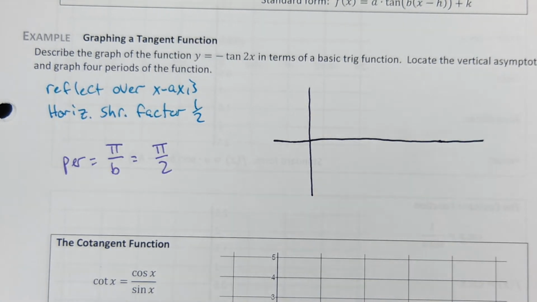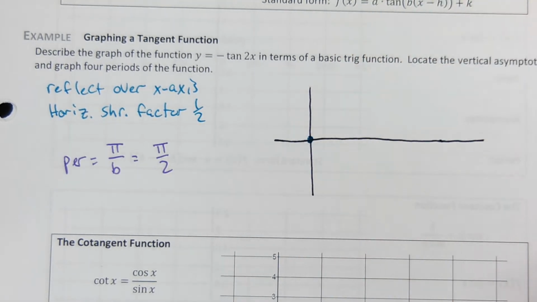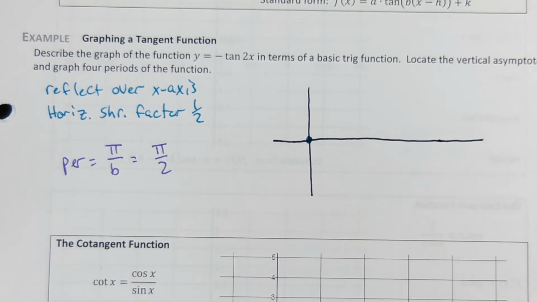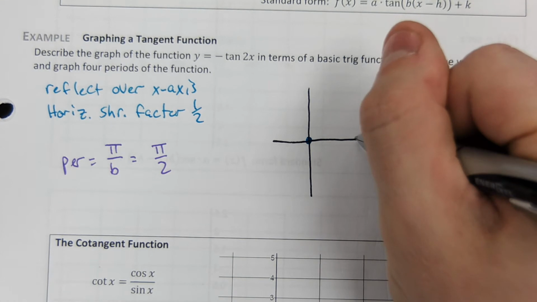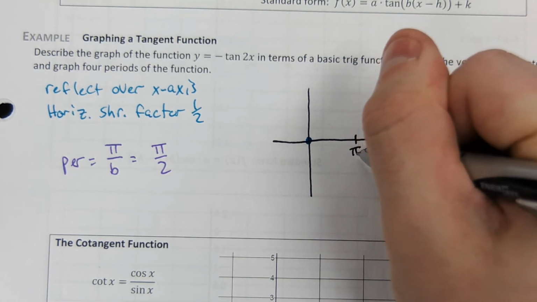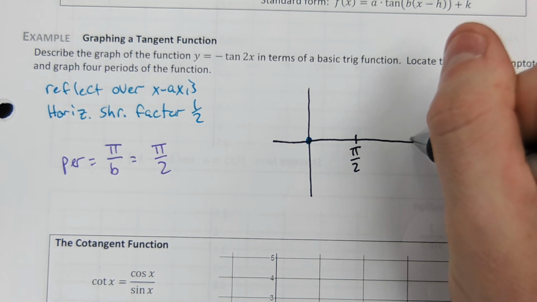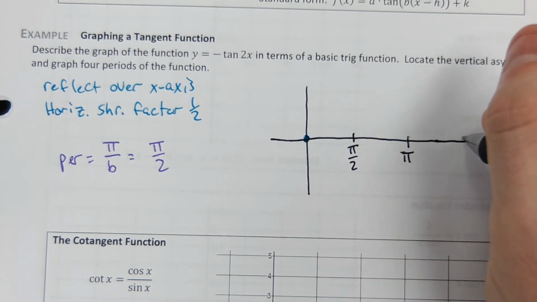Here's what we know. Because I didn't shift it, it does still have a 0 at the origin. The period is now pi over 2. That means the next 0 will happen at pi over 2. The one after that will happen at 2 pi over 2, which is pi. And the one after that will be 3 pi over 2.